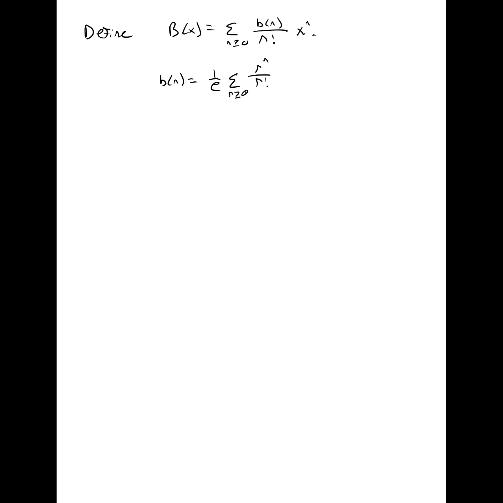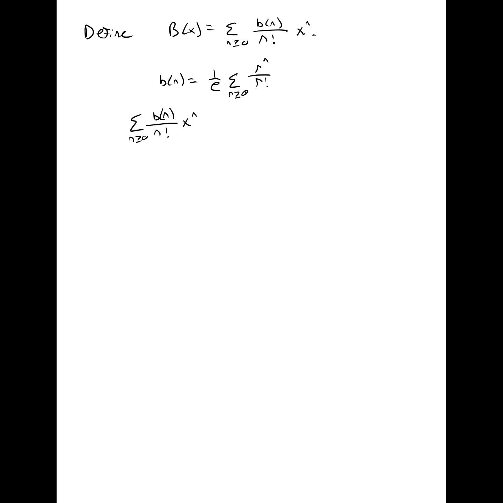So I'm going to take this and multiply by x to the n over n factorial. And I'm going to sum over all n greater than or equal to 0.